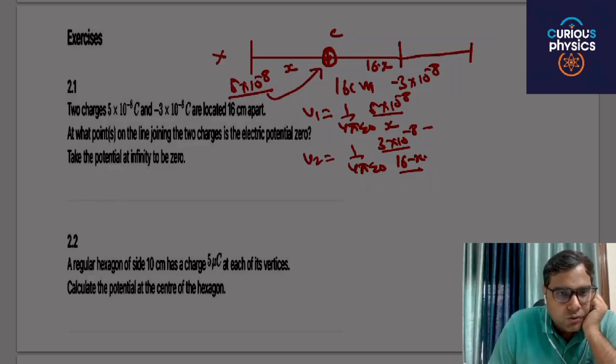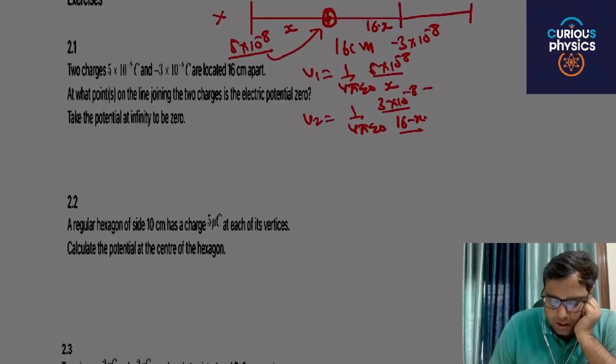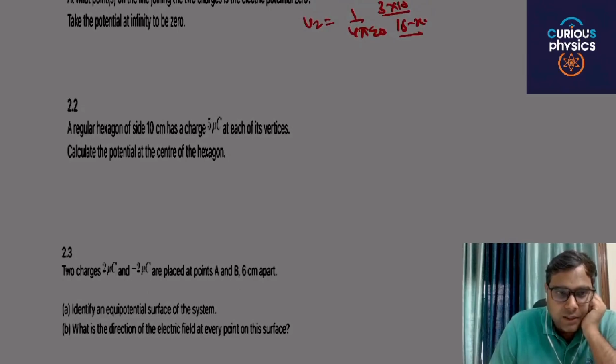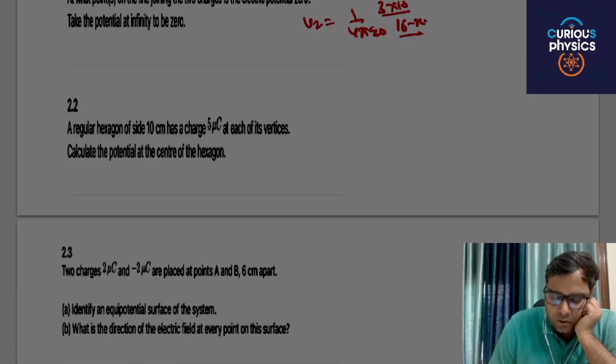So you can solve with the help of these formulas, the net potential 1 by 4 pi epsilon naught Q by R.